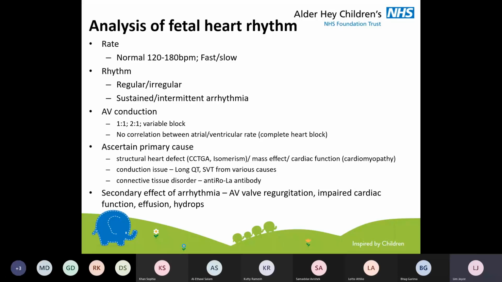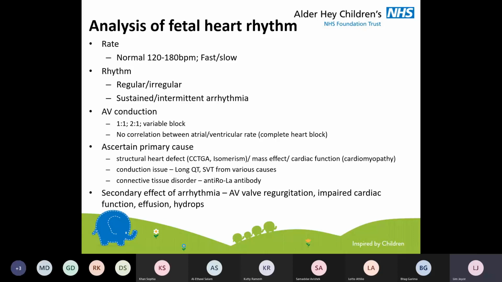And after diagnosing the heart rhythm problem, we also need to make sure that there is no underlying structural or functional cause for it. For example, if you have CCTGA or isomerisms, they might be associated with a slow heart rate.